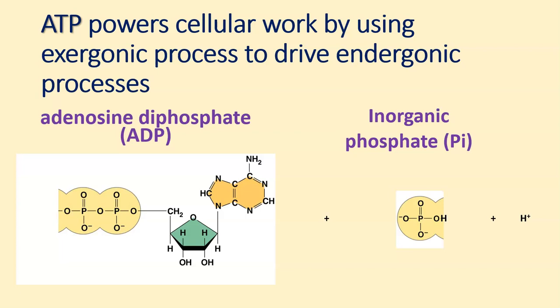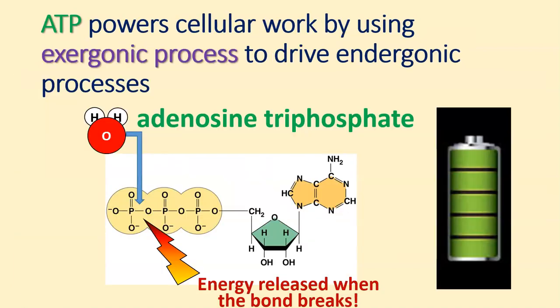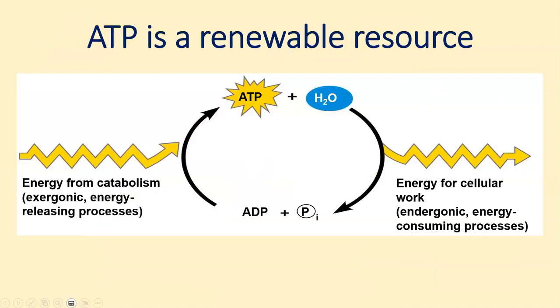So the main thing here to take away today from this lesson is the concept of delta G, the types of reactions, and also the renewable nature of ATP and what role that plays in reactions that require energy.